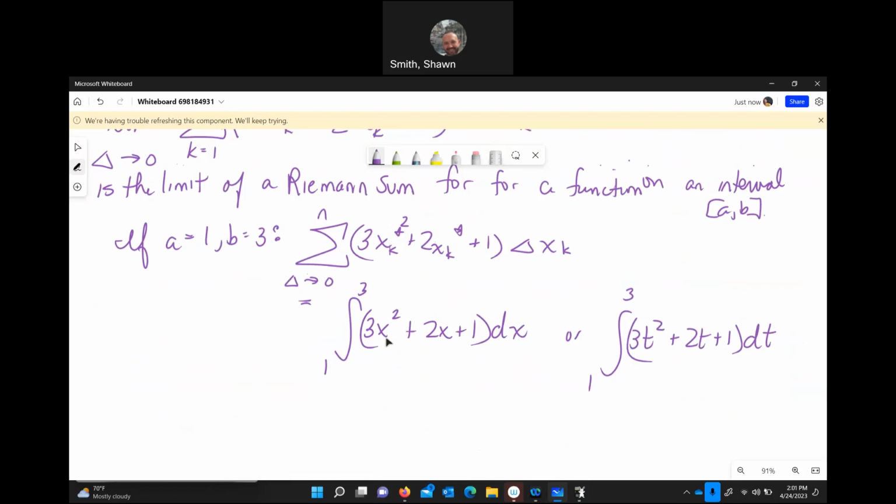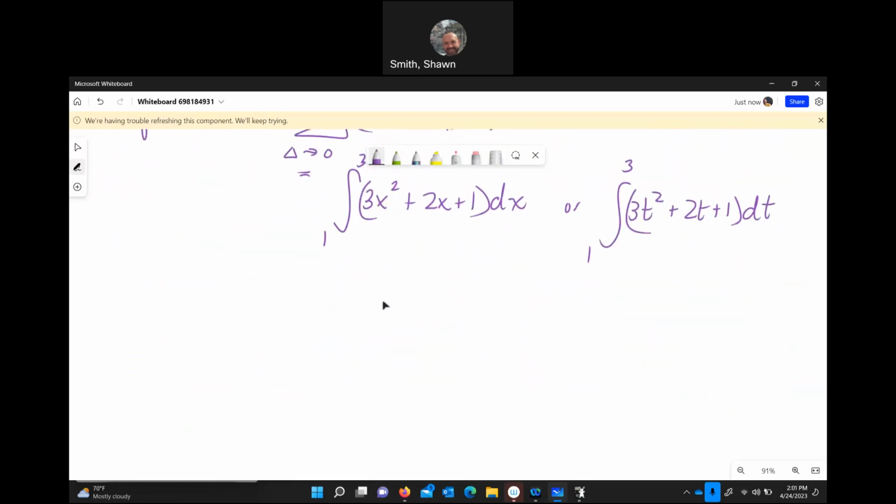I can go just the other way. If I give you a definite integral, we can rewrite it as a limit. So if I say from 0 to 2 of x cubed plus 1 dx, this is equal to the limit as n goes to infinity.